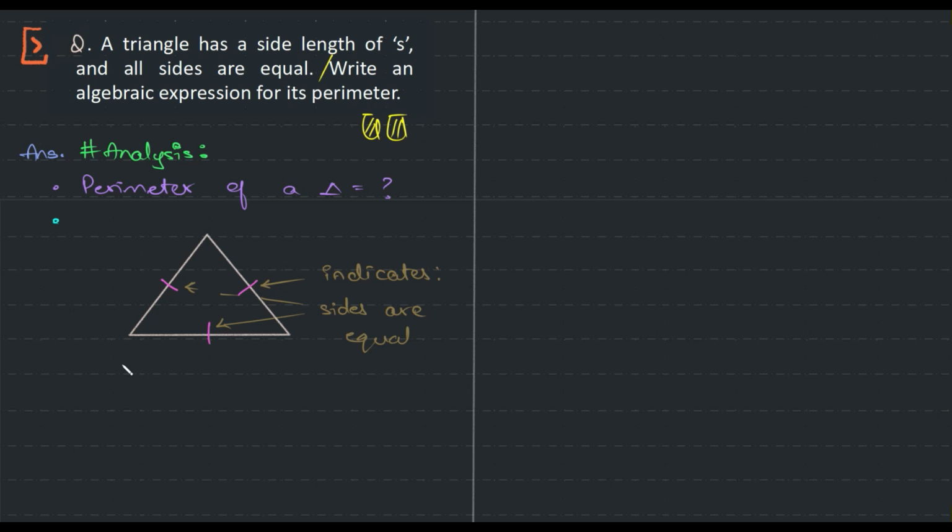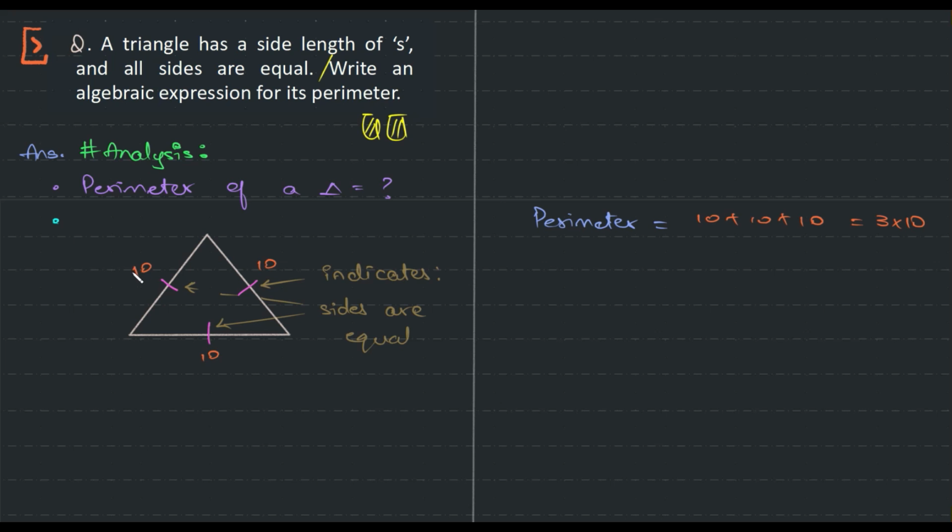Okay, well and good. So how do you generally figure out the perimeter? What is perimeter? If I have this length to be 10, by default all of them will be 10. So perimeter in this case is 10 plus 10 plus 10, that is 3 times 10, which is 30.